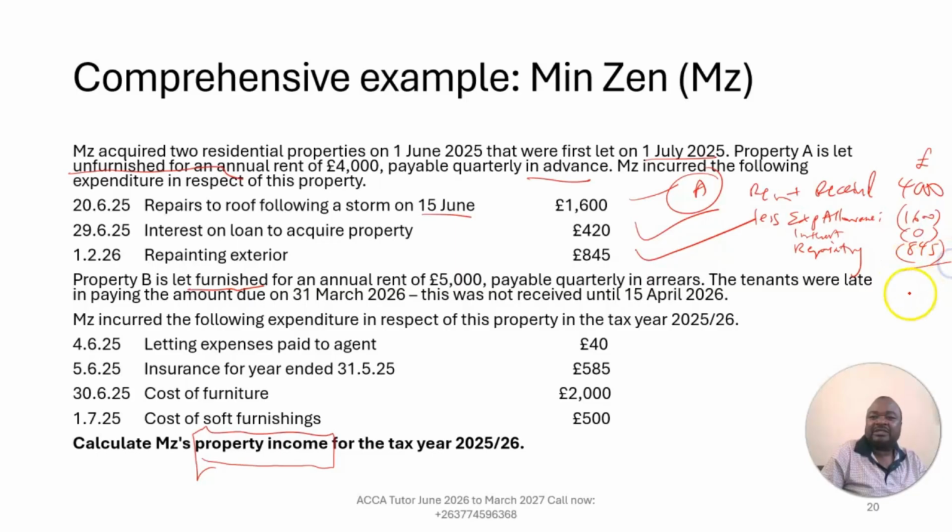So what is the PI, the property income? The property income there, let me use my calculator. 4,000 minus 1.6 minus 845. That comes to 1555.